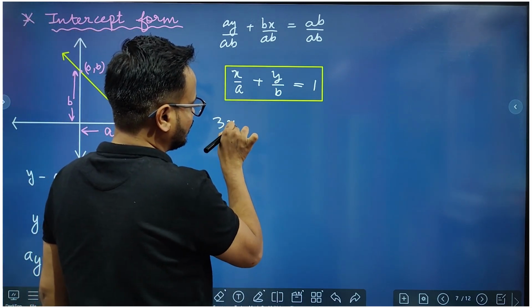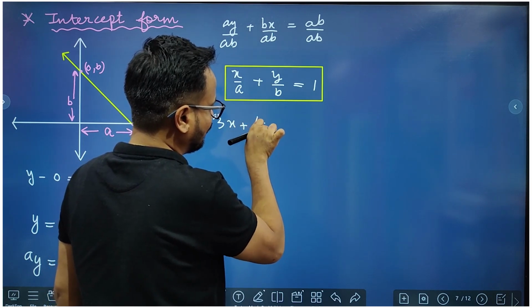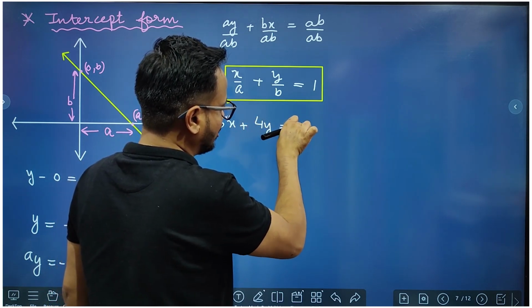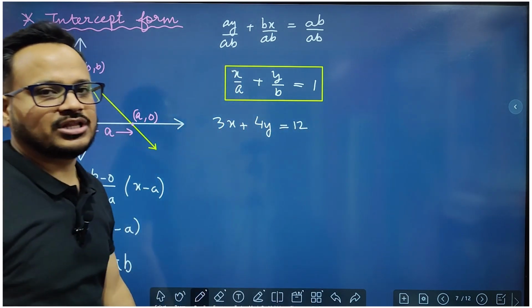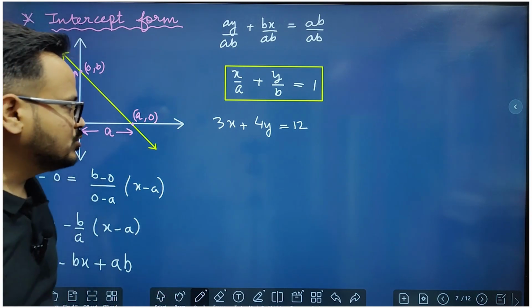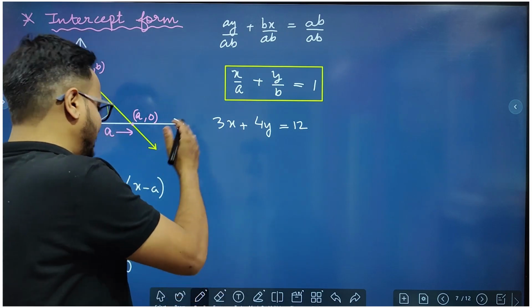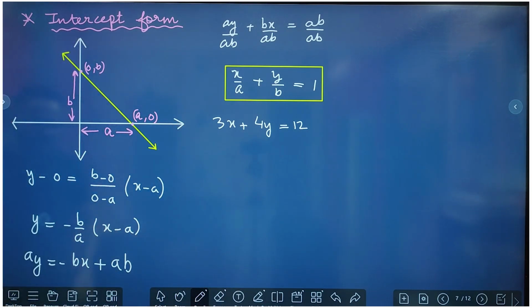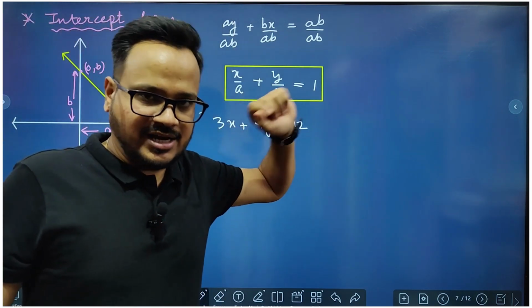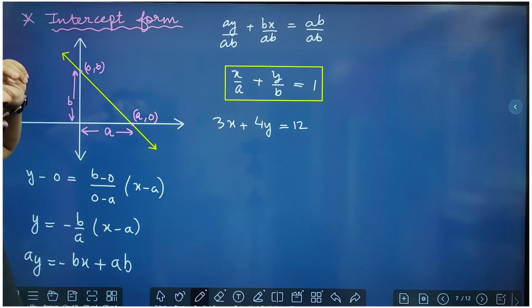Suppose 3x plus 4y equal to 12, and we have to plot the graph of this line. You just have to convert the line in this form, and to convert the line in this form we should have 1 on the right hand side. So what we will do, we will divide the whole equation by 12.